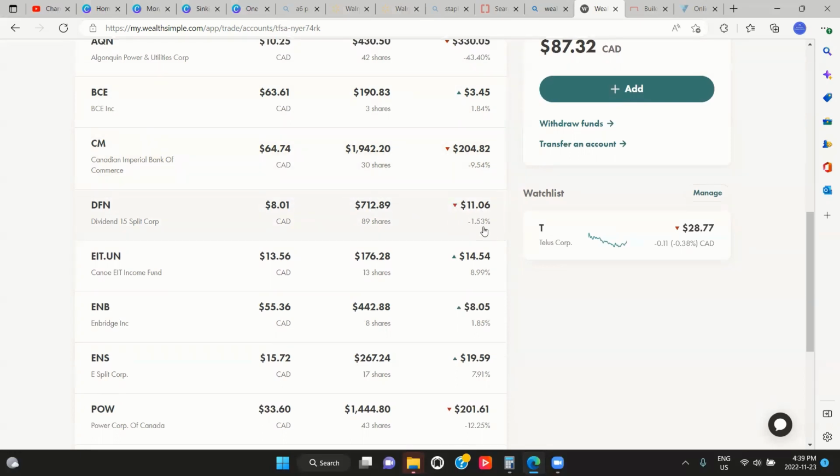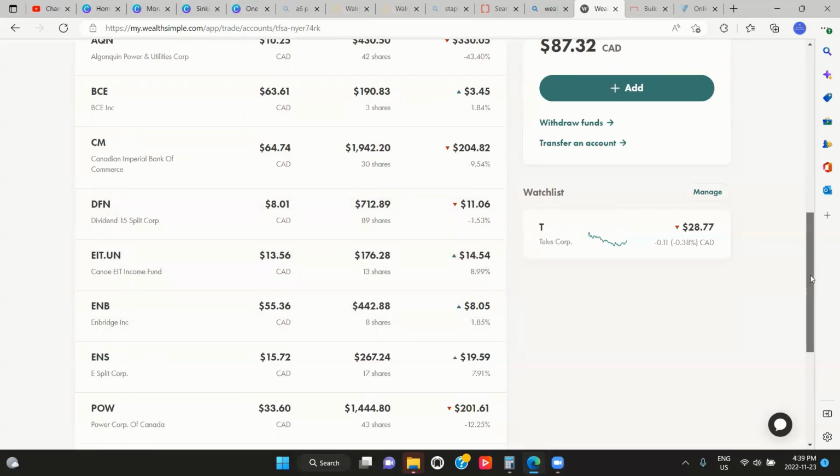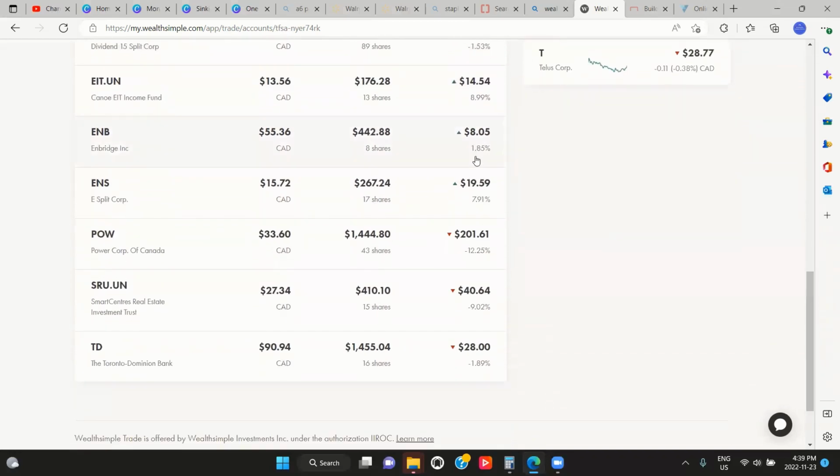Then DFN is just down 1.3%. EIT is up 8%. I'm not buying that one. Enbridge is up 1.8, ENS up 7.9, and Power is also down 12%. So I might also buy Power, even though I have so little money, I want to buy everything. So Power is down 12%, and then SRU is down 9%.